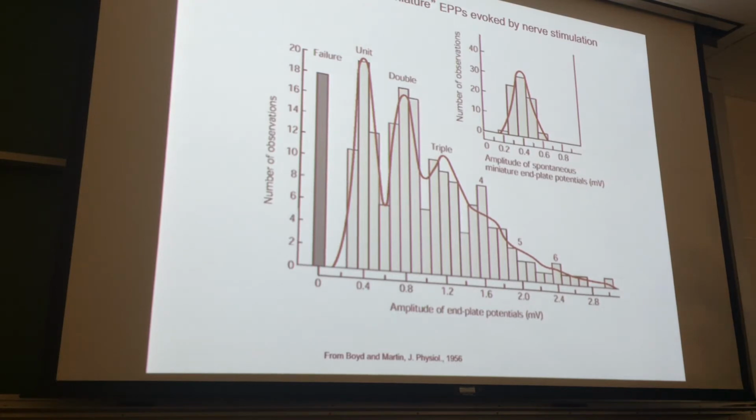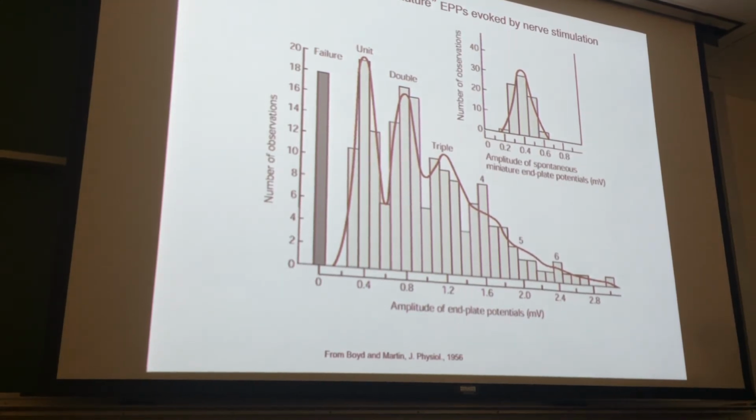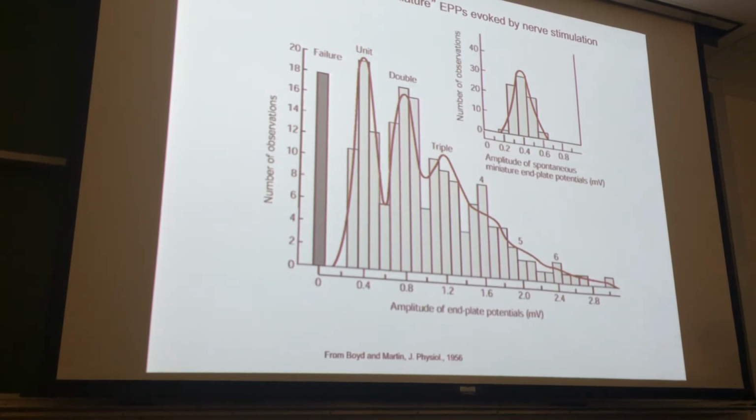So if it's 1 or 1,000, obviously if it's 1,000, that's a lot of transmitter. If it's 1, it's very little, and that causes a potential change which is in direct proportion to that neurotransmitter coming out. More neurotransmitter, more activation on the postsynaptic side, bigger potential, right?